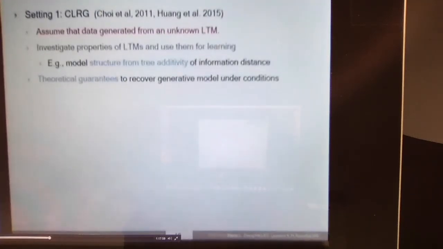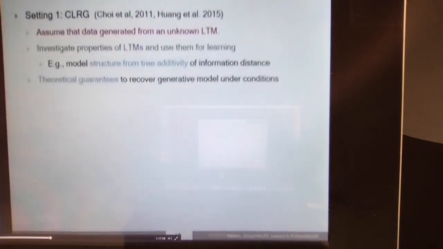In the past, the algorithms for learning latent tree models have been developed under three settings. In the first setting, you assume that the data is actually generated from some unknown latent tree model. What you do is investigate the properties of those models and then use those properties for learning.